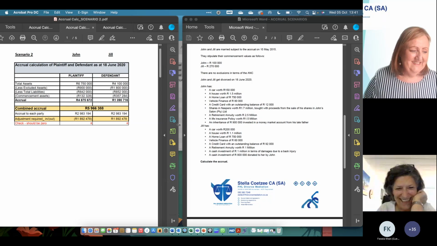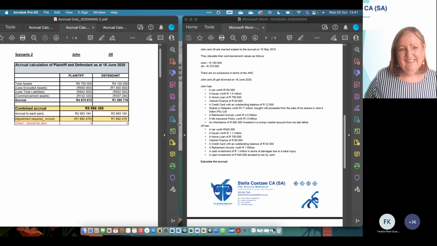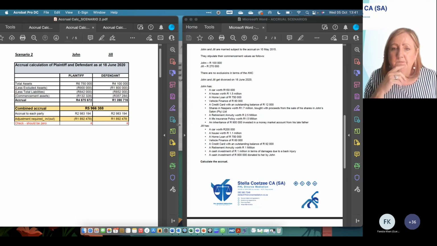So, guys, obviously when it comes to escalations, having a look at this while Stella is explaining it can look very, very daunting. My suggestion is when we distribute the scenarios again with the answer, sit down and do it. Play with it.